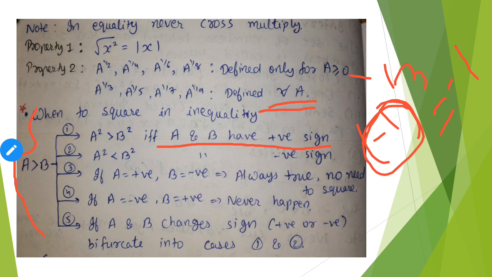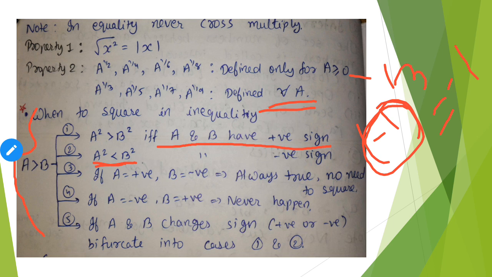Now the second case: a square is less than b square. This happens when both are negative. For example, minus a greater than minus b, so we have to write a square is less than b square. Here the inequality sign changes while squaring two negative variables. Here we should take care.